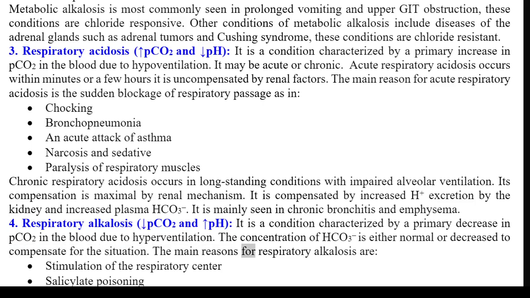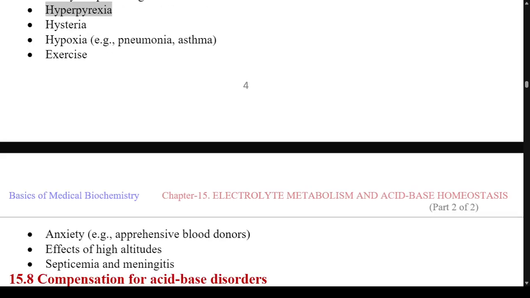The main reasons for respiratory alkalosis are stimulation of the respiratory center, salicylate poisoning, hyperpyrexia, hysteria, hypoxia, example pneumonia, asthma, exercise, anxiety, example apprehensive blood donors, effects of high altitudes, septicemia and meningitis.